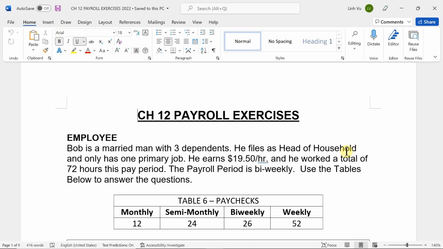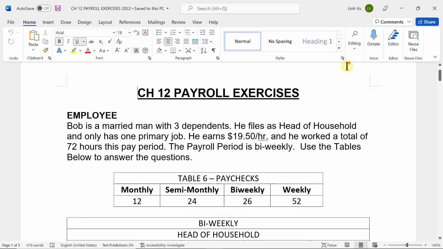And the payroll period is bi-weekly. That means he gets a paycheck every 2 weeks. Use the table below to answer the questions.